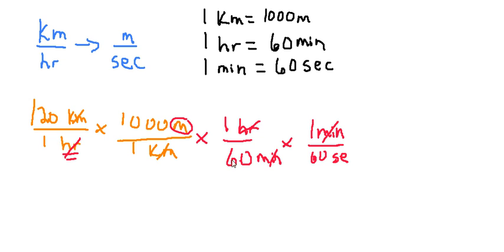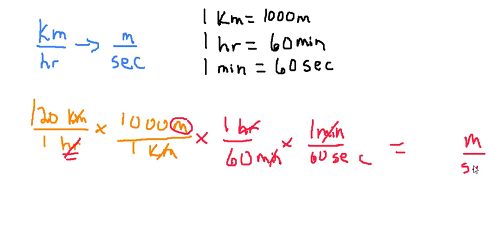So if we take a look at all of our units, the hour, kilometer, minute, all canceled. I shouldn't say the meters canceled. The kilometers and the hour canceled and the minute canceled. The meter did not. So what that's going to leave me with is meters per second.